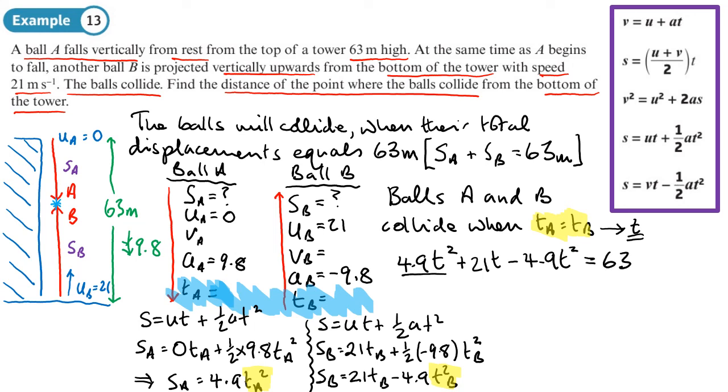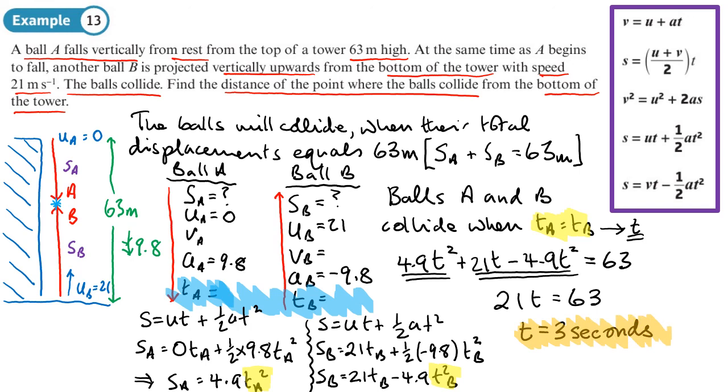So this is the displacement of A plus the displacement of B equals 63. That just leaves 21t equals 63, and I can work out from that t equals 3. So at t equals 3 seconds, these two balls collide.